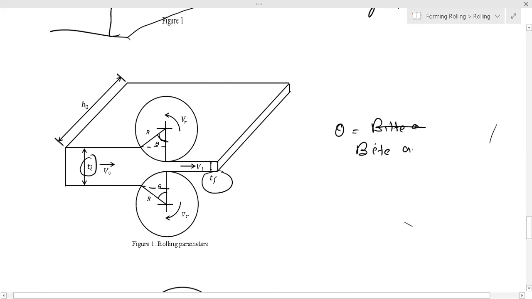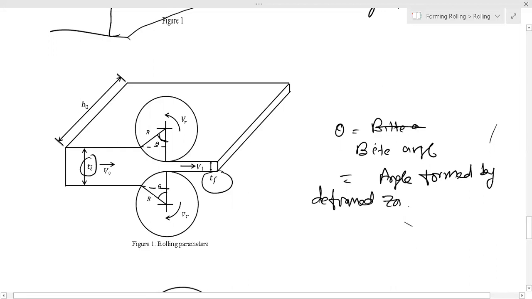Bite angle means the angle formed by the deformed zone at the center of the roll. So this theta is there, and Br is the roll velocity.